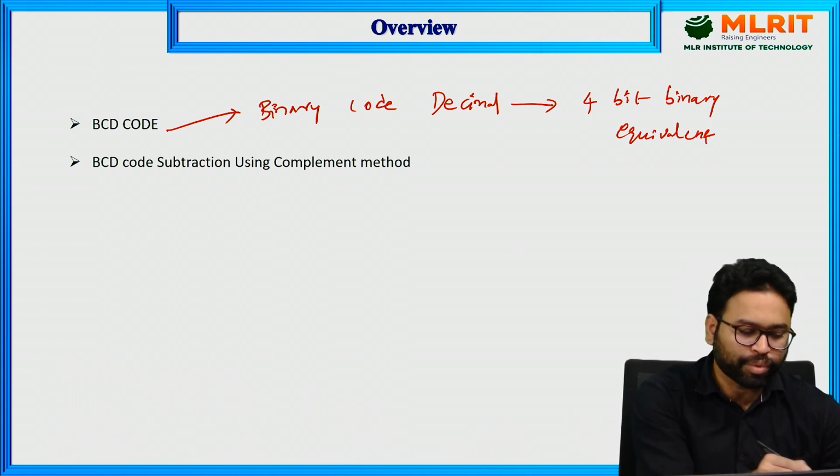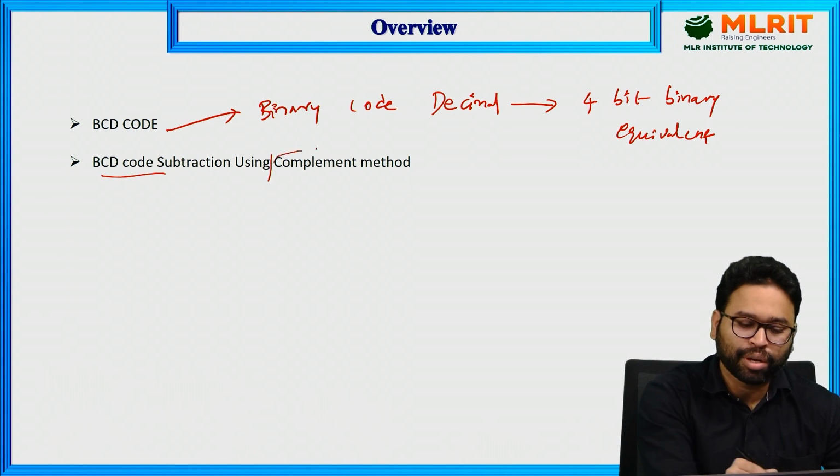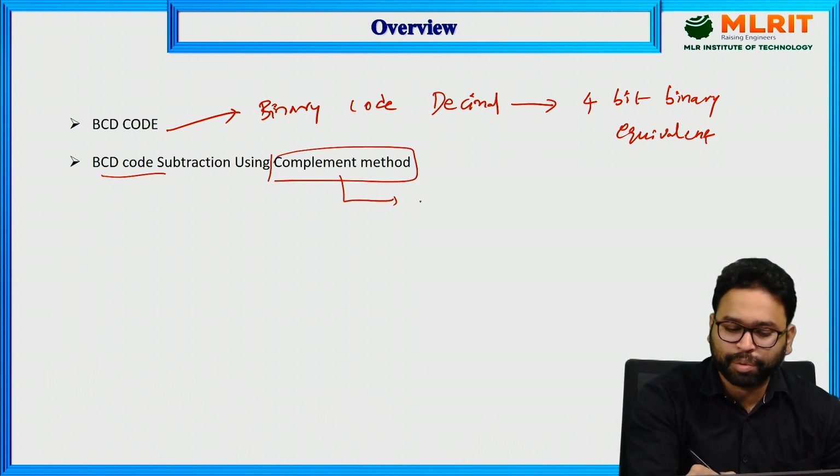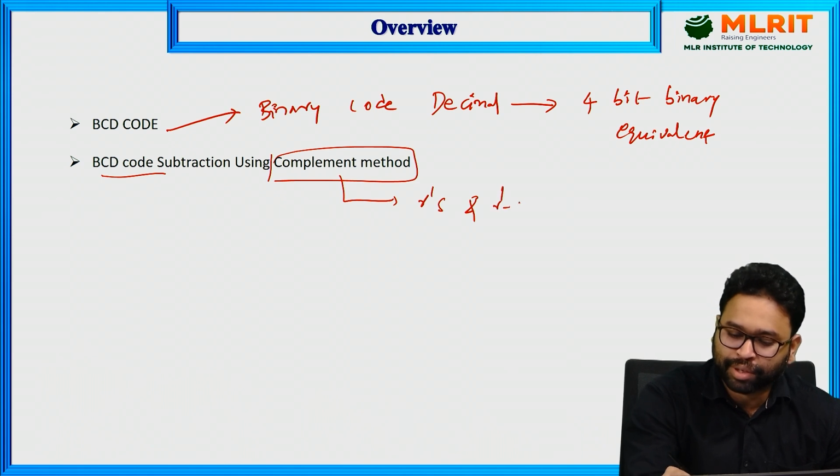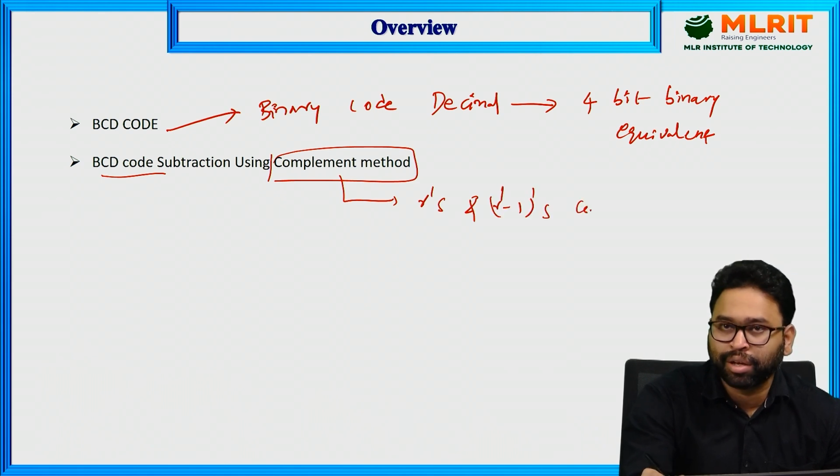So here we are trying to perform BCD code subtraction using the complement method, which can be performed using the R's complement and R minus 1's complement method.